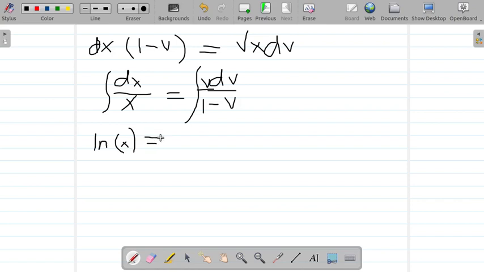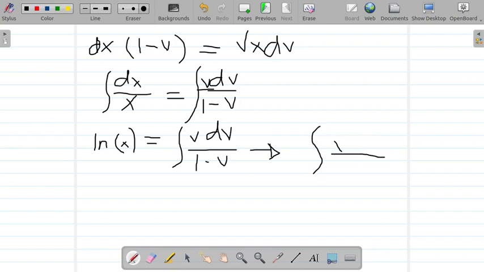Is equals to v dv over 1 minus v. So, this equation, pwede natin siya ma-rewrite as integral of v dv negative v minus plus 1.